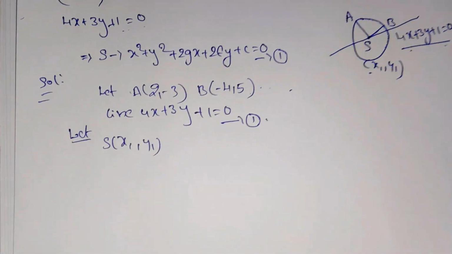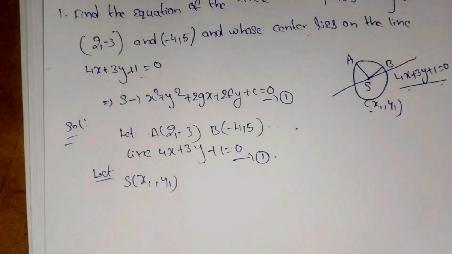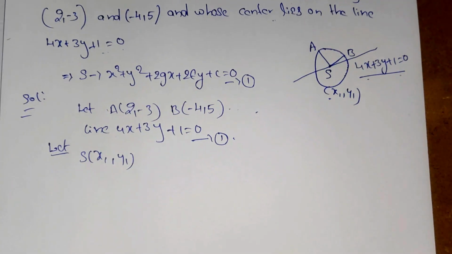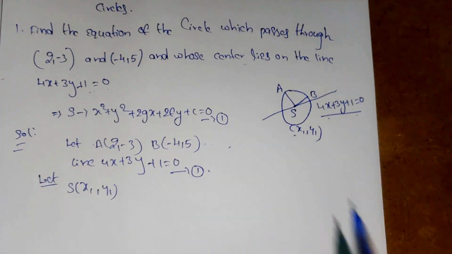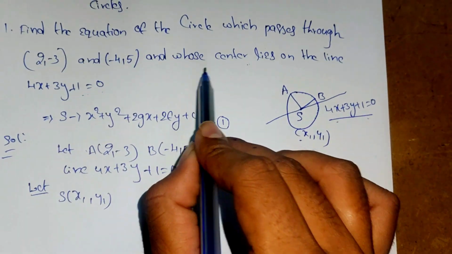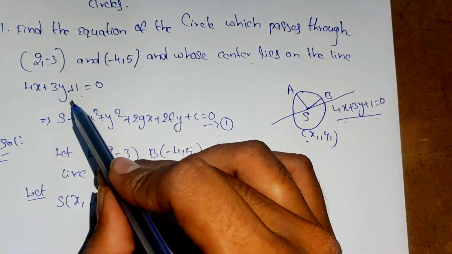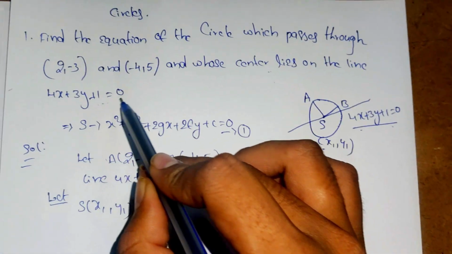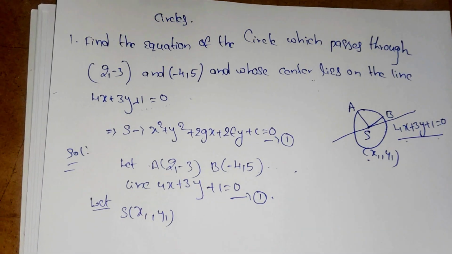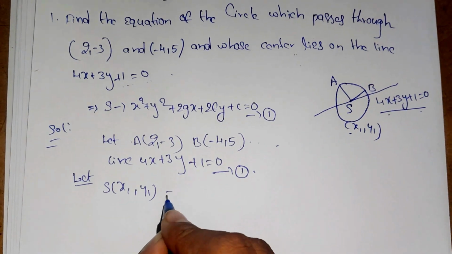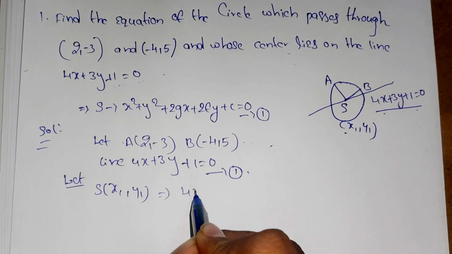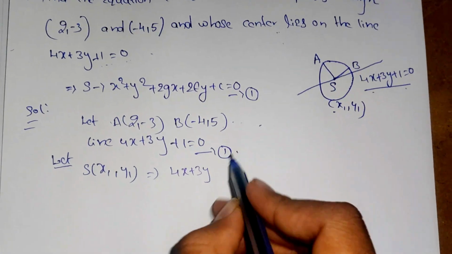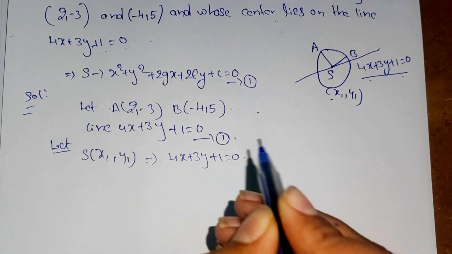This is the given information in the question. One more piece of information is that the center lies on the line 4x + 3y + 1 = 0. That means S (x1, y1) lies on 4x + 3y + 1 = 0.